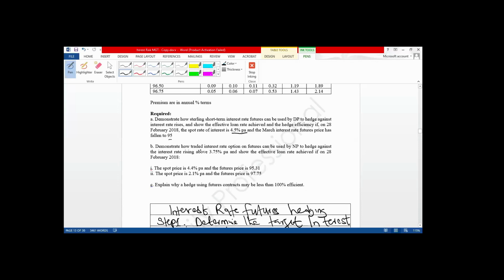Demonstrates how traded interest rate options on futures can be used by DP to hedge against the interest rate rising above 3.75%. We are ready to pay 3.75, but it must not go above 3.75.